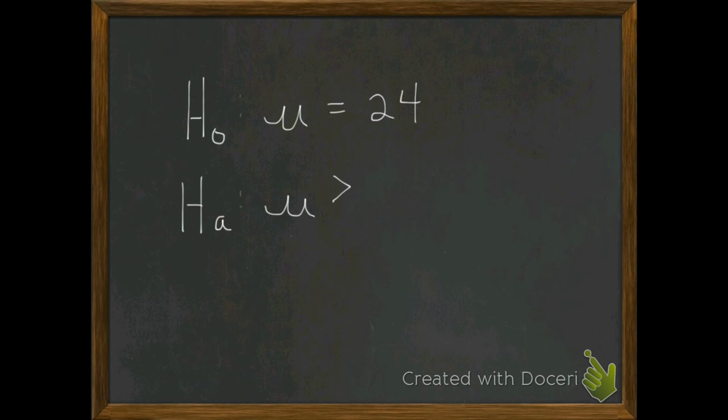So our null and our alternative would look exactly like this. The motivation is that we think it's higher, therefore we'd use greater than in the alternative hypothesis.